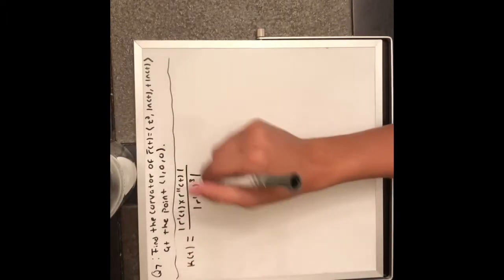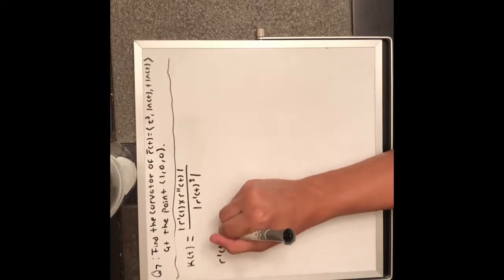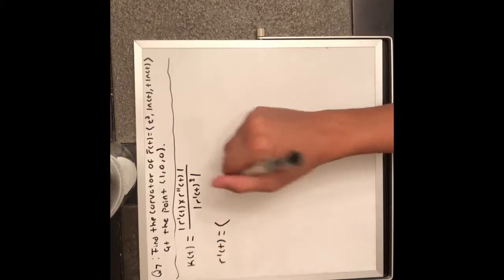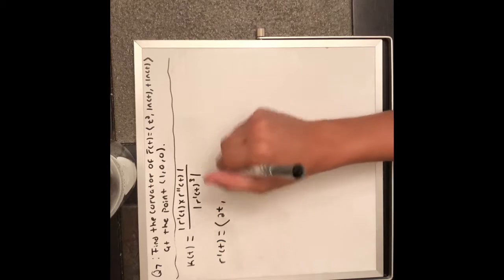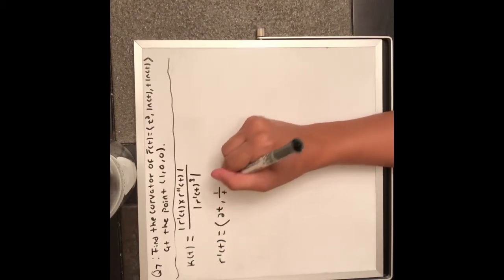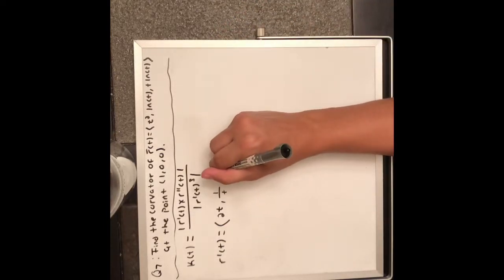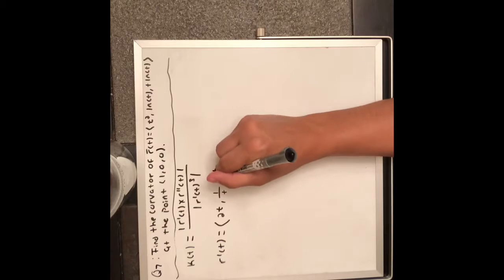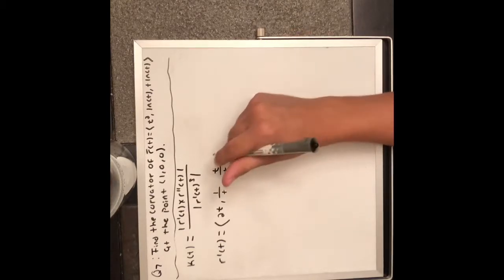So let us find r prime of t. The derivative of t squared is simply 2t. The derivative of ln t is simply 1 over t. The derivative of t ln t will consist of the product rule. So the derivative of ln t is 1 over t.